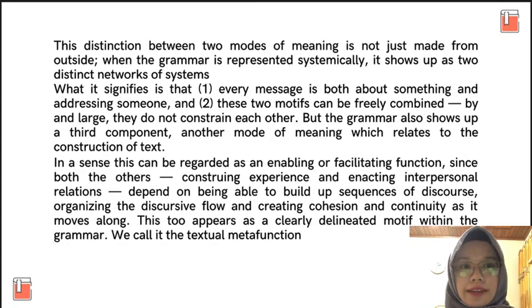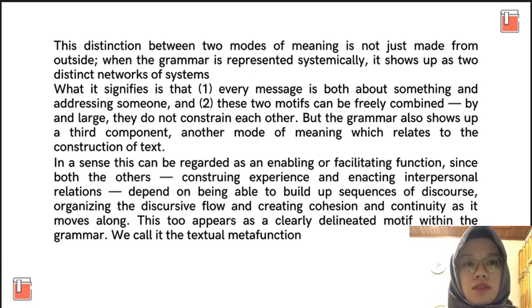So the next slide. This distinction between two modes of meaning is not just made from outside. When the grammar is represented systematically, it shows up two distinct networks of systems.